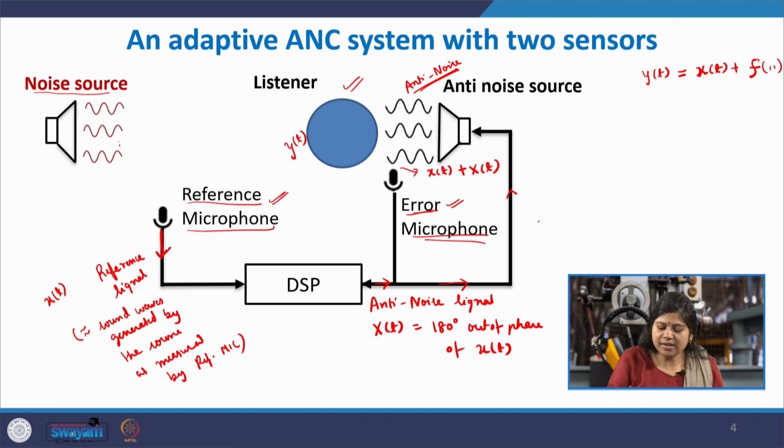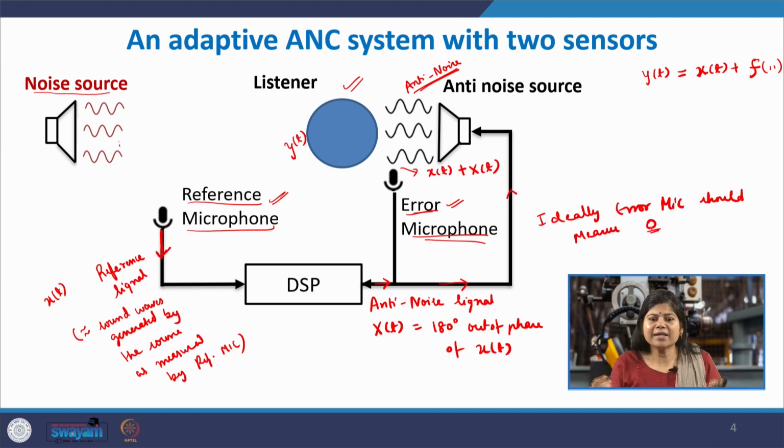So, ideally the error microphone should measure 0, but situations are never ideal. In practice it is never 0.